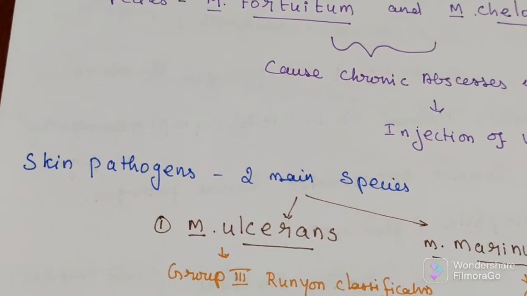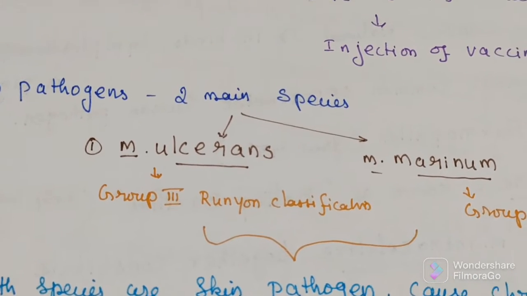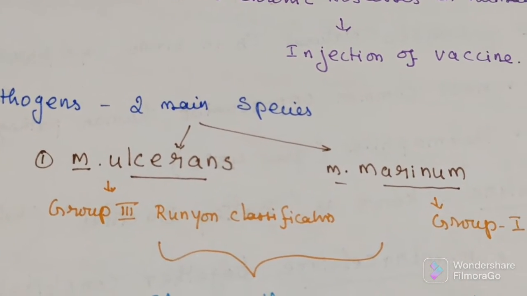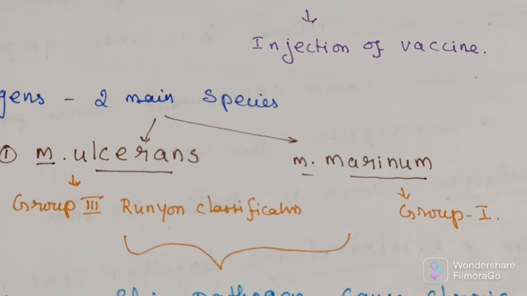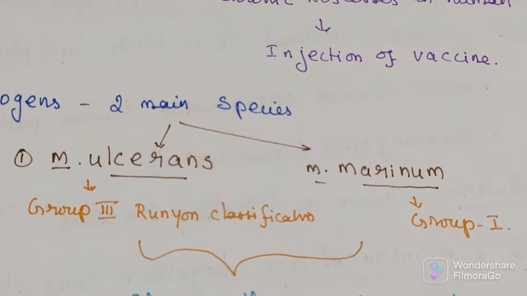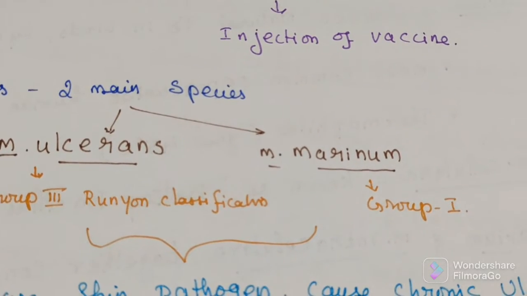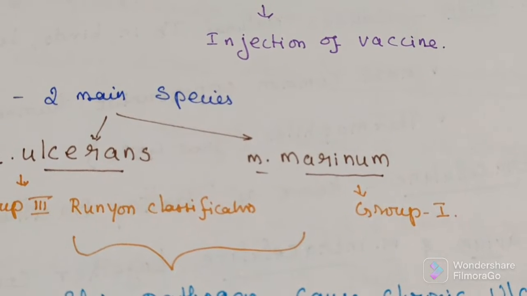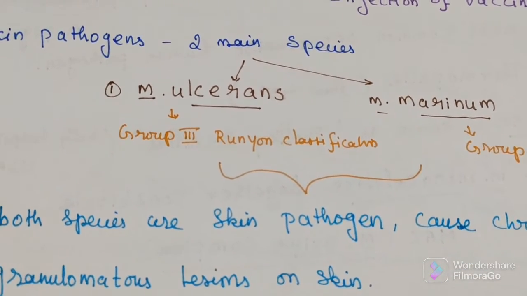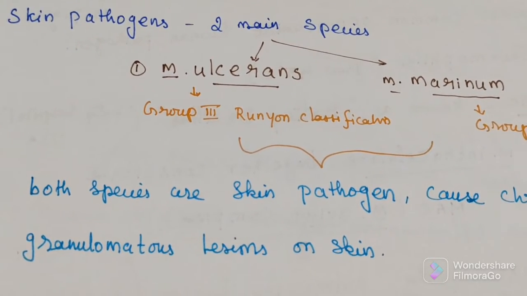Next, coming to skin pathogens, there are two main species, Mycobacterium ulcerans and Mycobacterium marinum. Mycobacterium ulcerans belongs to group 3 of Runyon's classification. Marinum comes under group 1 of Runyon's classification. These two species cause skin infection.